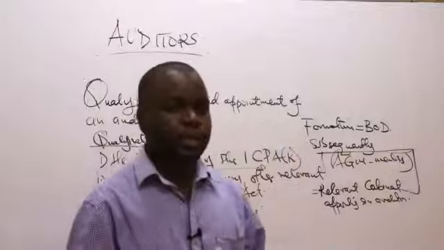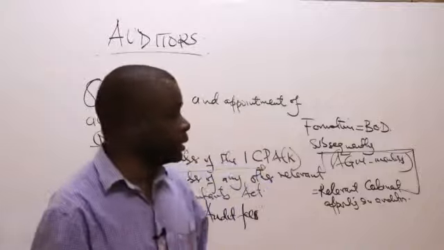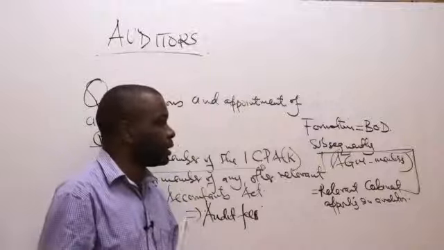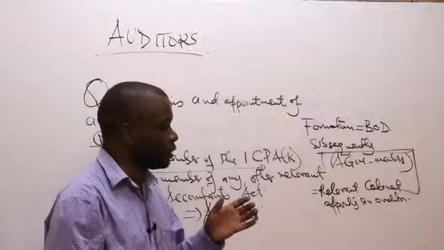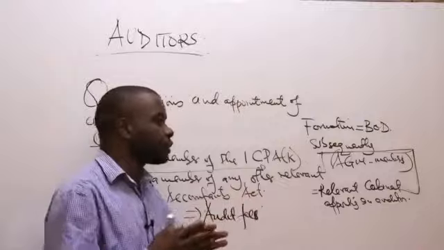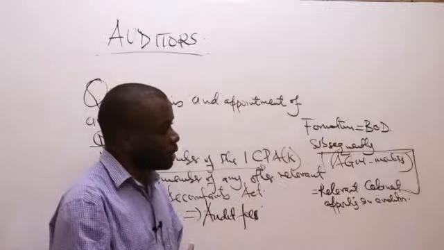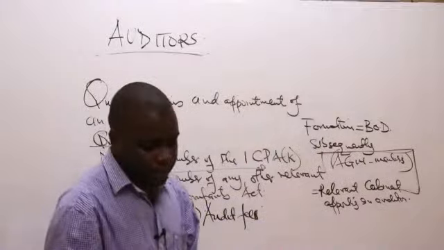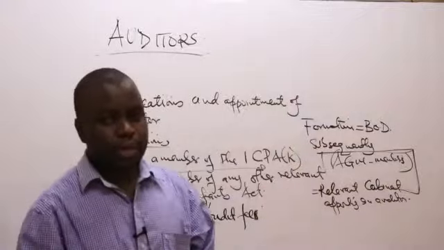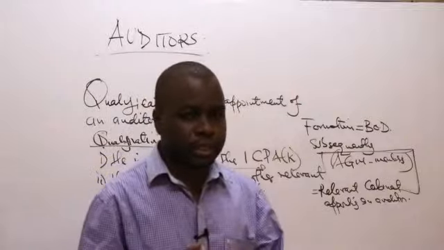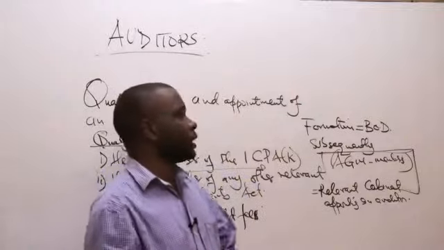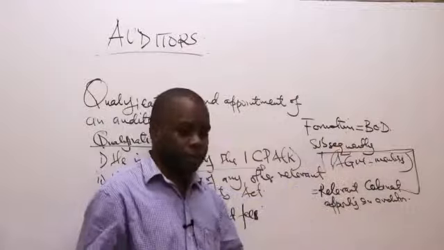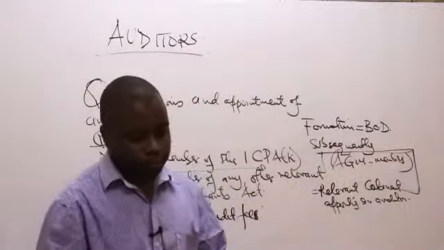Remember, the casual vacancy has arisen before the first AGM. So the directors are the ones who will appoint the auditor to serve until the end of the first AGM. So it will be filled by the directors of the company.